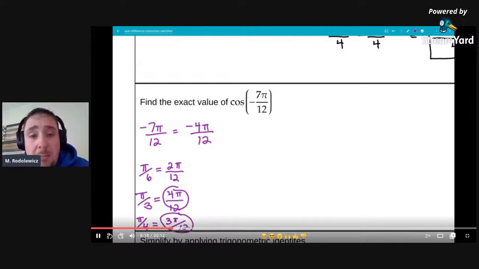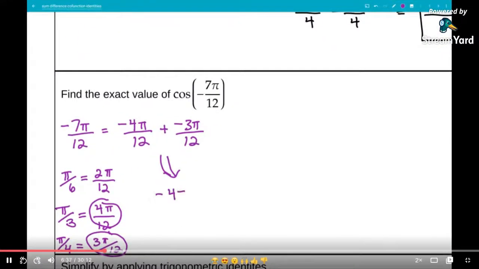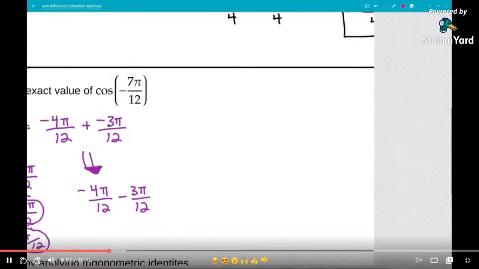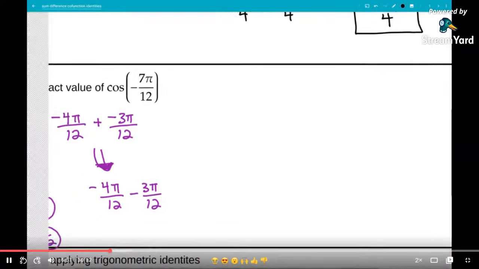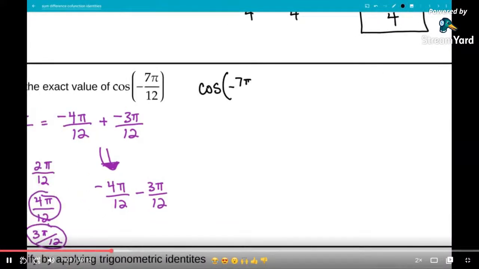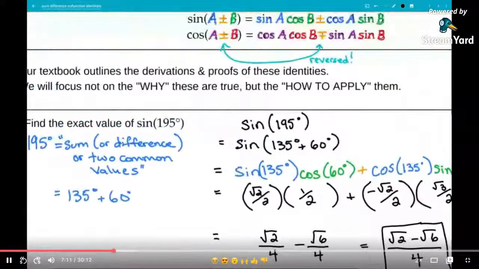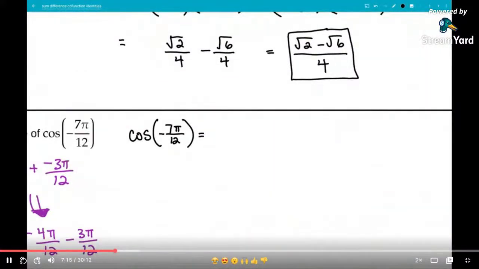That makes it, I think, a bit easier to write your angle of rotation. After rewriting the common angles with denominators of 12, I quickly noticed that if I take 4 pi over 12 and 3 pi over 12 and combine them, that makes 7 pi over 12. So therefore, negative 4 pi over 12 and negative 3 pi over 12 would make negative 7 pi over 12. There we go, I found how to write negative 7 pi over 12 using common angles.